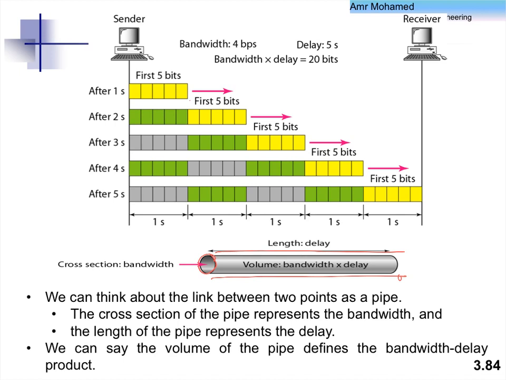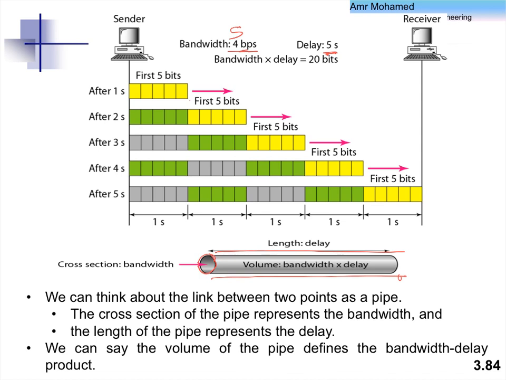So the bandwidth delay product gives us the number of bits that can fill the entire line. It should be 25. We're sending 5 bits per second, not 4 bits per second. The bandwidth times the delay. Okay, but the bandwidth delay product, so you have in the image, it's 5 bits. So it should be 5 multiplied by 5. Yes. So that one is 5 bits per 1 second.